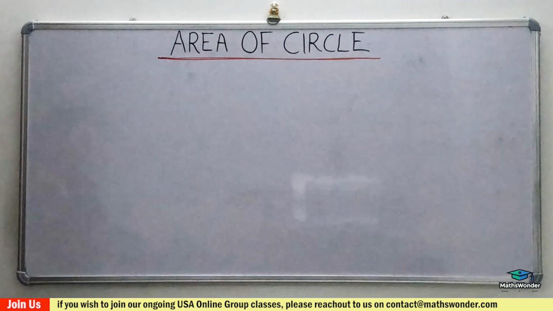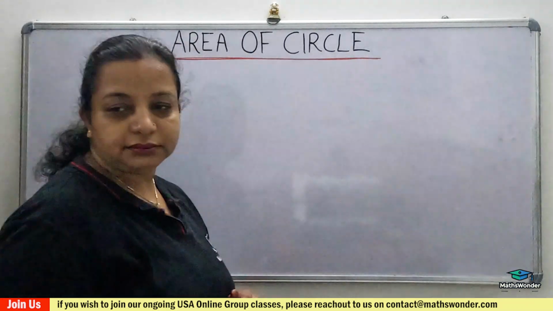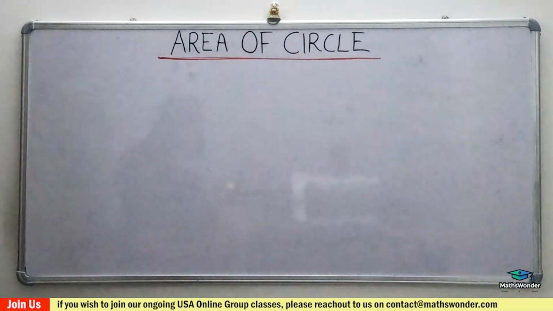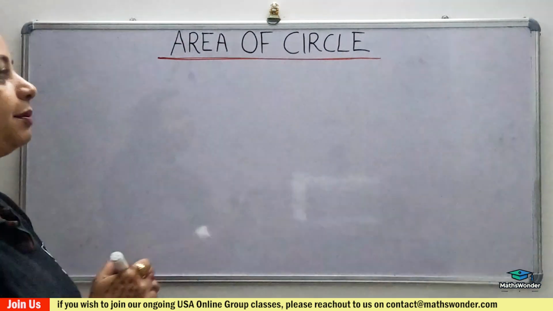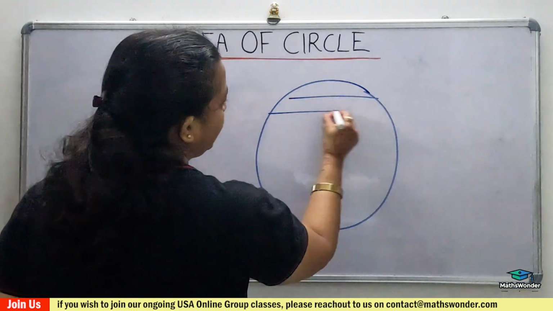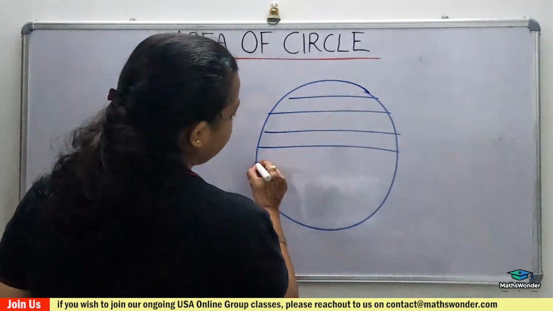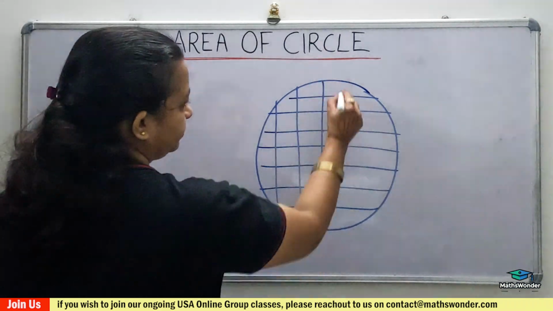As the edges are not straight, suppose we have a graph paper like this with 1 centimeter squares.